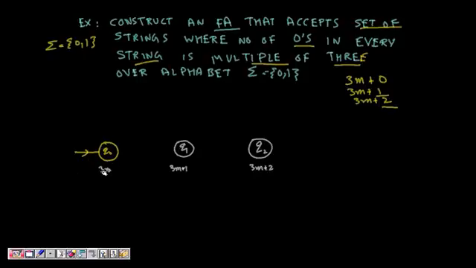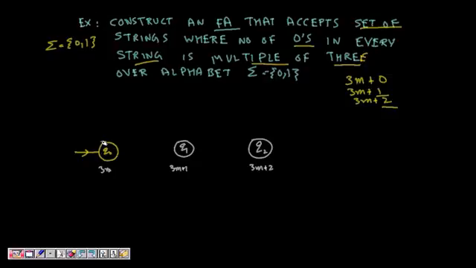Now which is the accepting state, where it is a multiple of 3? Zero zeros is also a multiple of 3, so the start state is also final, and 3, 6 zeros and so on should also end in the final state because it is of the form 3m. So this is the start state.